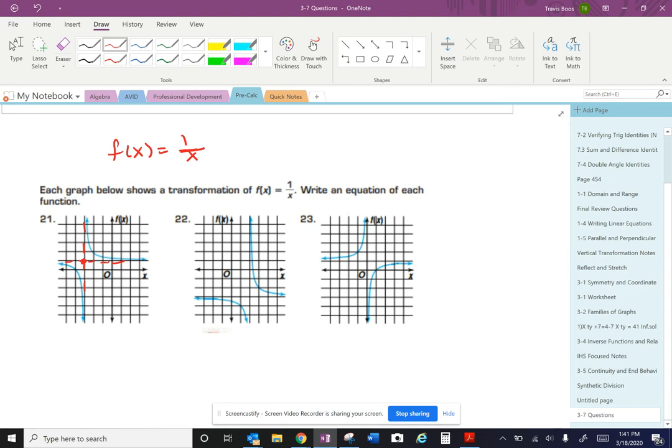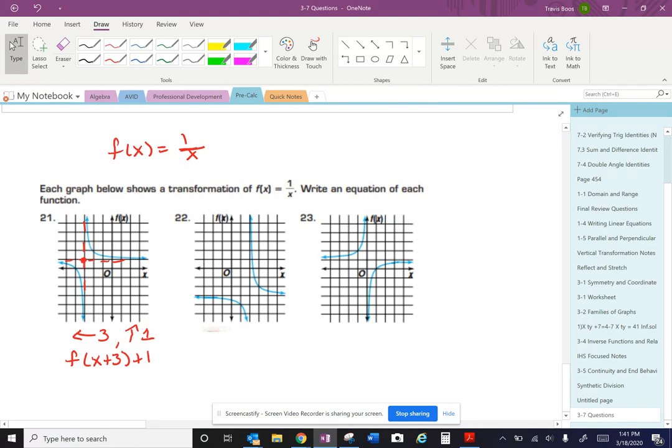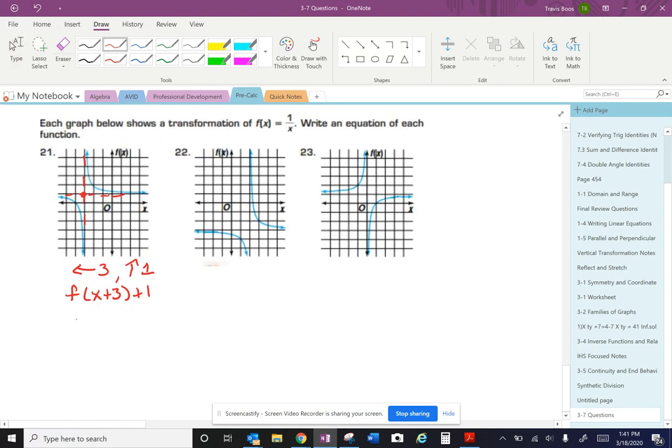In other words, this graph is shifted 3 units to the left and also shifted up 1 unit. So this is f of x plus 3, plus 1, which gives us the function y equals 1 over x plus 3, plus 1.